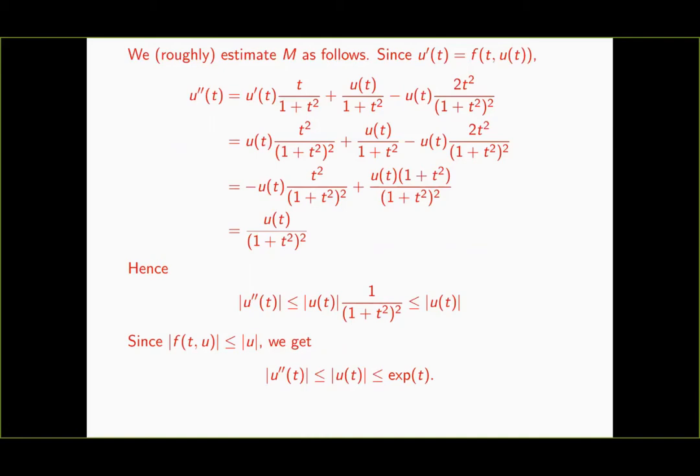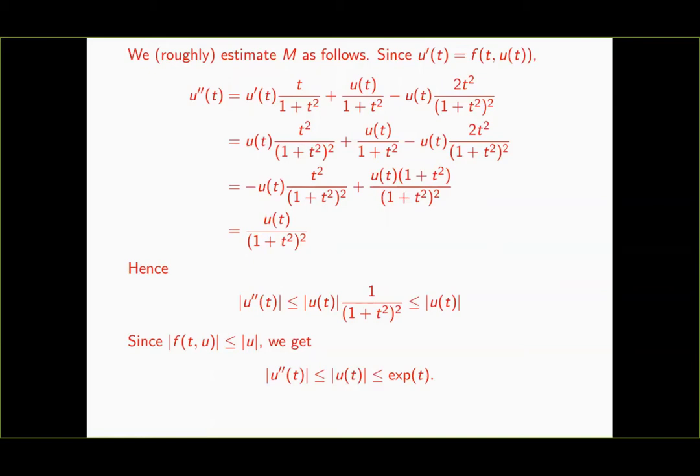Now, we recall that M is supposed to be an upper estimate for the second derivatives of u. So probably it's a good idea just to compute the second derivative of u. That can be done just using the differential equation. We have u'(t) = f(t, u(t)), which is u(t)·t/(1 + t²).